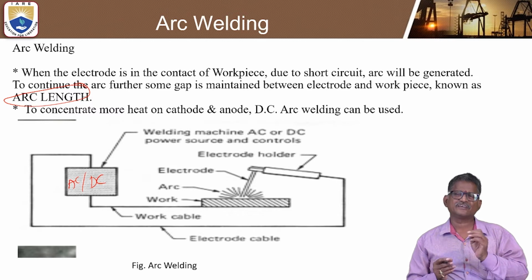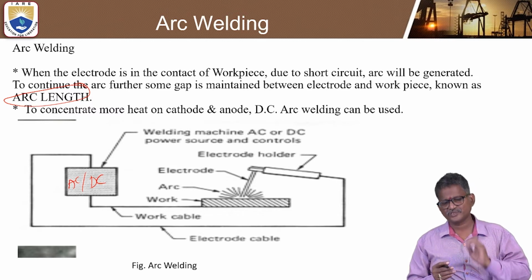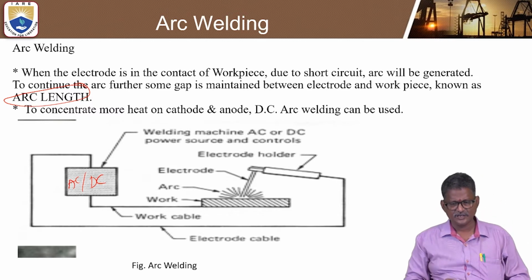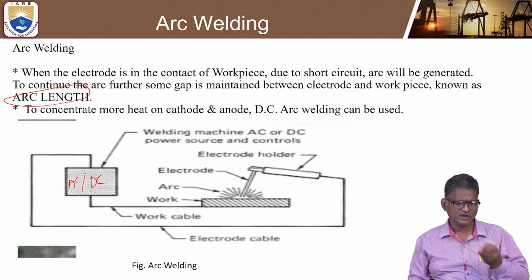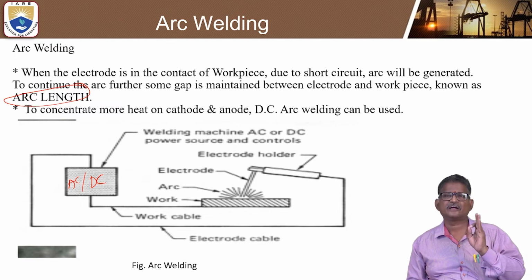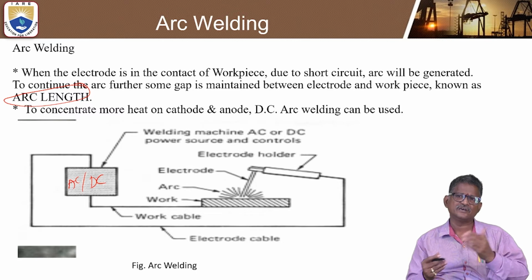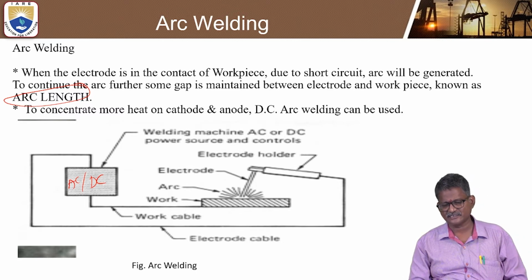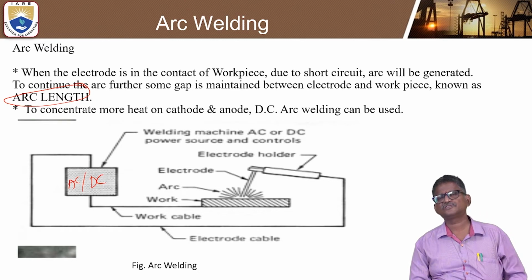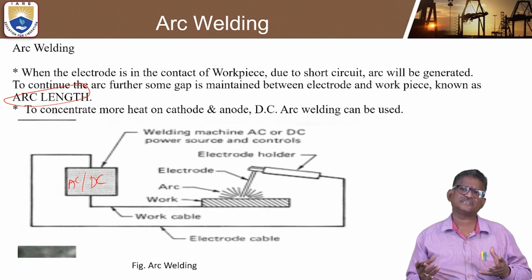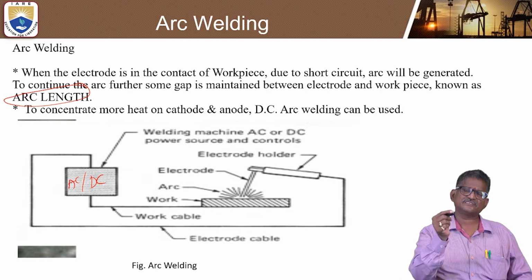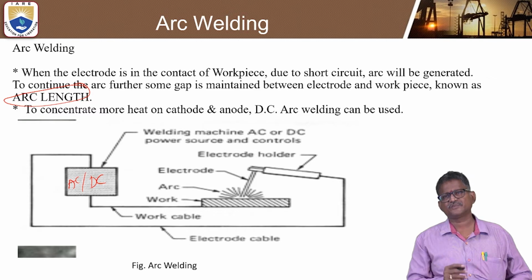So this is about concentrating more heat on cathode and anode. DC arc welding can be used, the most important choice being either AC or DC. When you want to use DC arc welding with DC supply, obviously more heat can be generated on the cathode and anode, whenever direct current is used. Generally that is why more than 3000 to 3500 centigrade of heat can be generated, and whenever you touch that holder, the arc can be created.